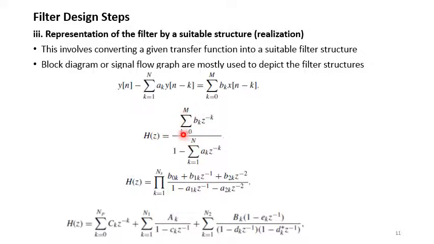Based on the expression for the system function, whether it's a rational system function such as this one, or a factored system function, or in partial fraction form, this equation can be used to represent the direct form 1 or form 2 implementation of the structure, whether you use a block diagram or signal flow graph.